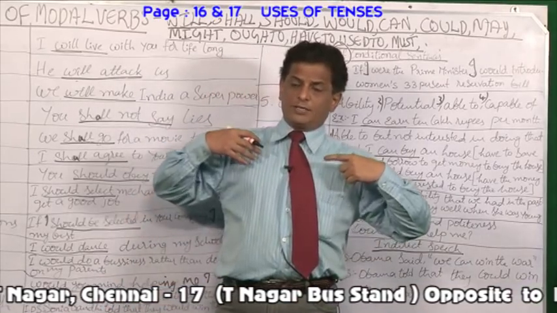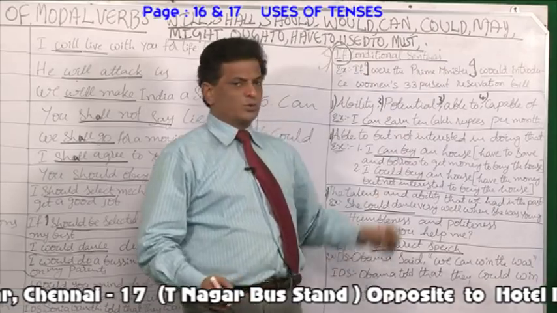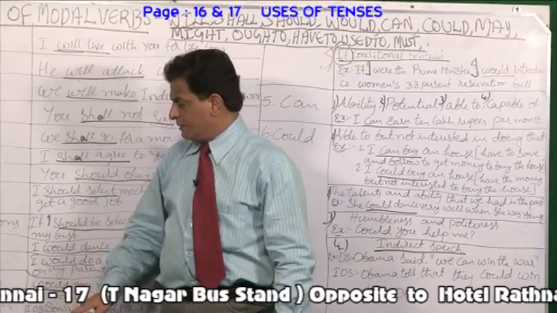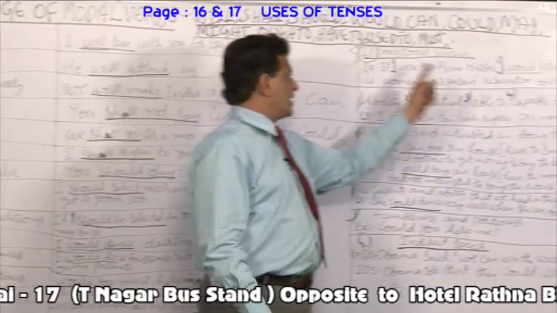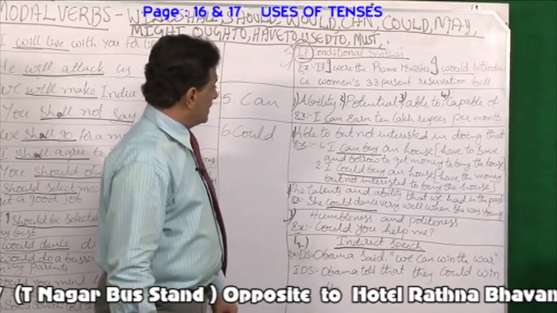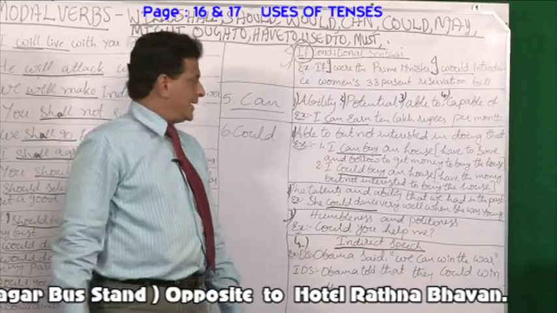So, would is used with past habits, taste and preference, humility and politeness, indirect speech, and conditional sentences. Then what is the next modal verb? Can. 5th modal verb, can.